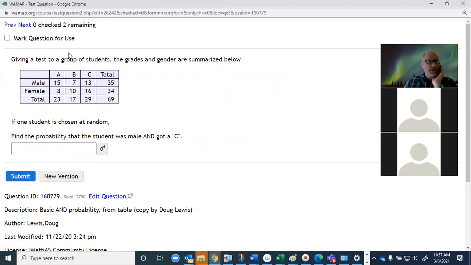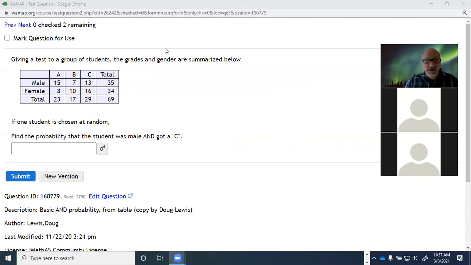So now it says, giving a test to a group of students, the grades and gender are summarized below. If one student is chosen at random, find the probability that the student was male and got a C. So this has to be people who were male and also got a C. So we can see, I like to do this, if they were male, they would have to be in this row.